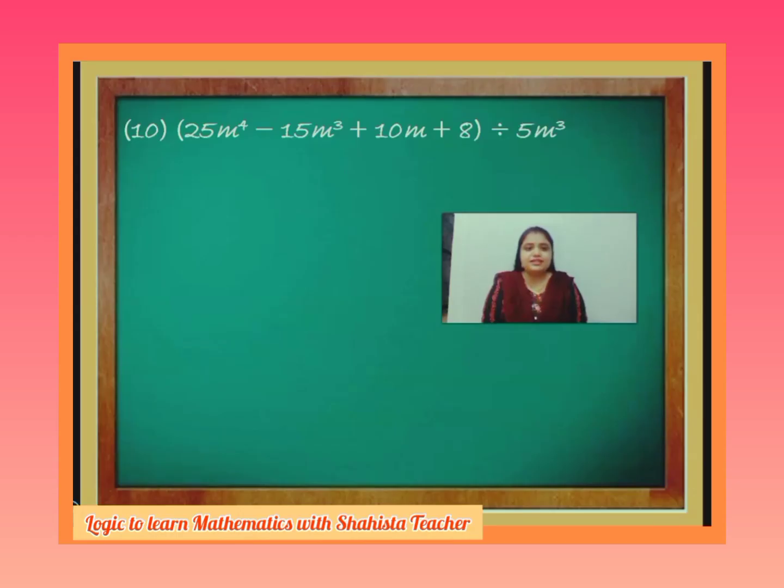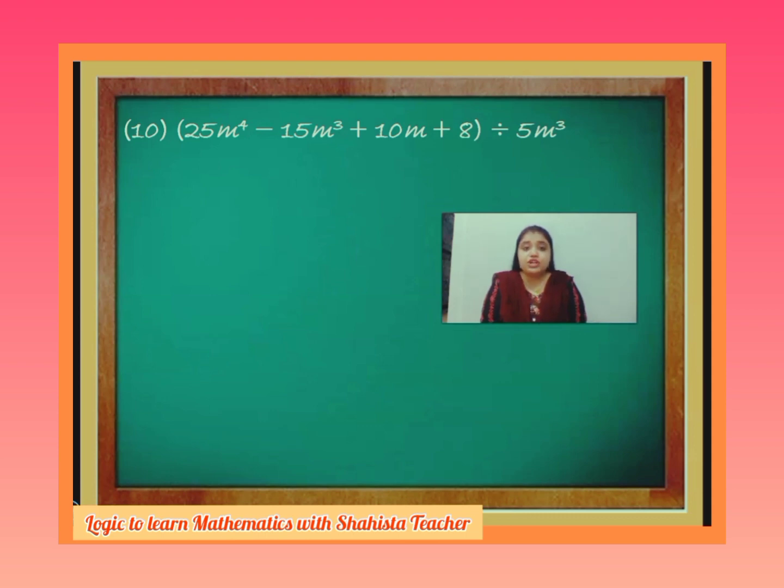Question number 10 says: 25m raised to 4 minus 15m cube plus 10m plus 8, divided by 5m cube. Here you can see the bracket. This bracket is not a monomial, not a binomial, not a trinomial.